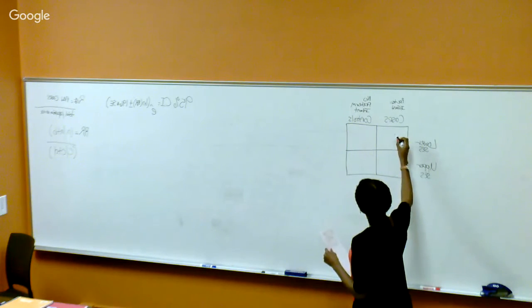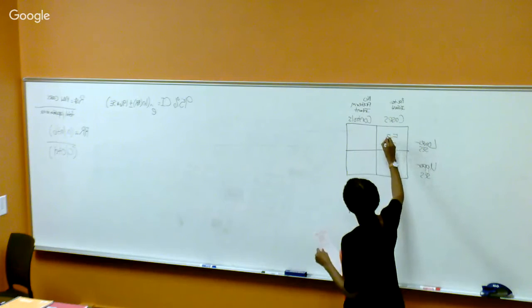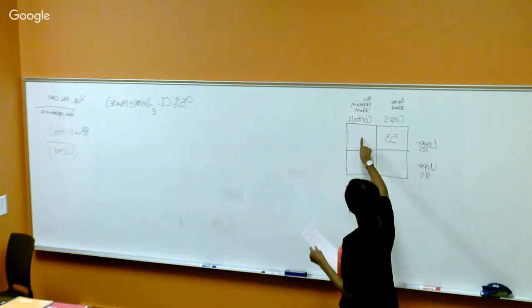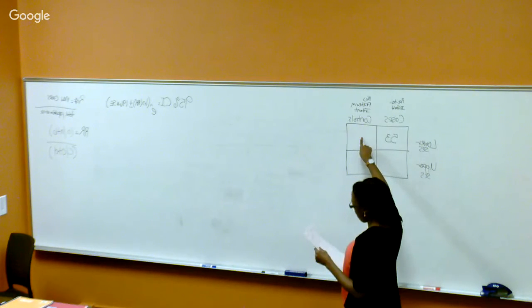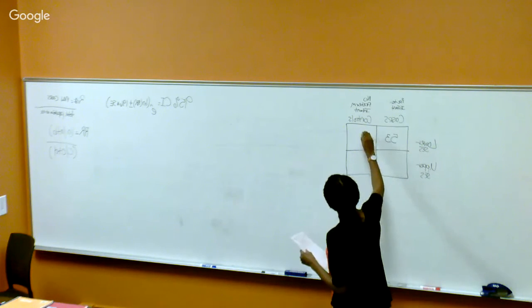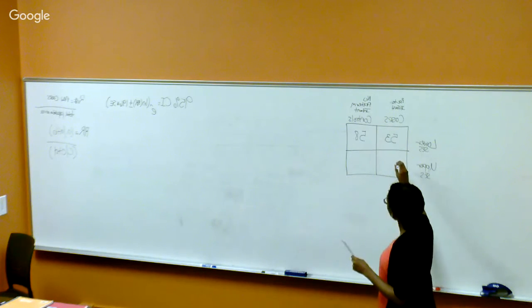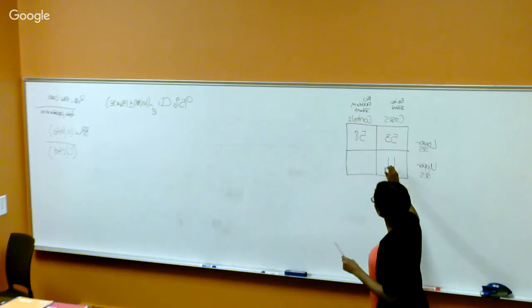Okay, so 53. Then 40 in controls. Not quite. This is still among SES, right. 58. So it's going to be 58 then. And then 11. 40.